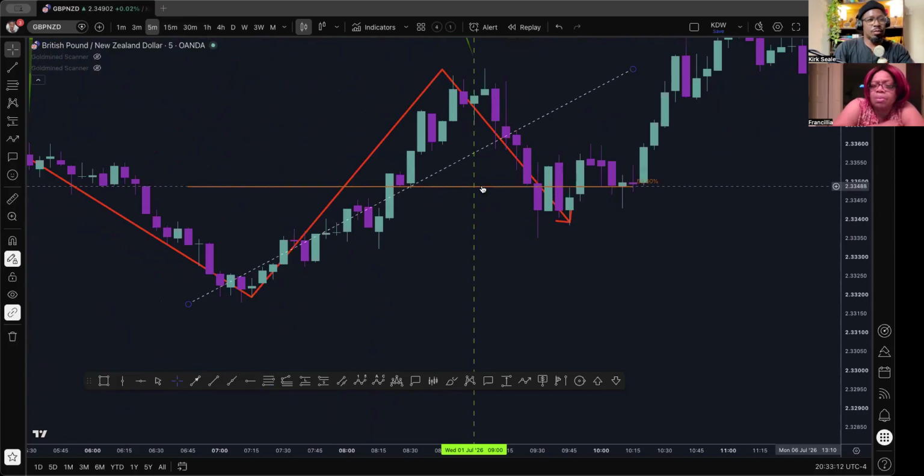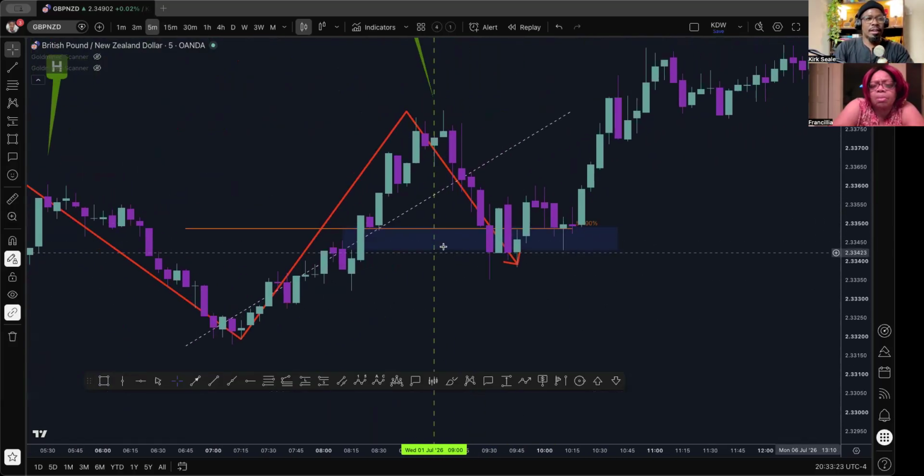Look at this. So this was a 50% area right there. And right here, we have that gap.